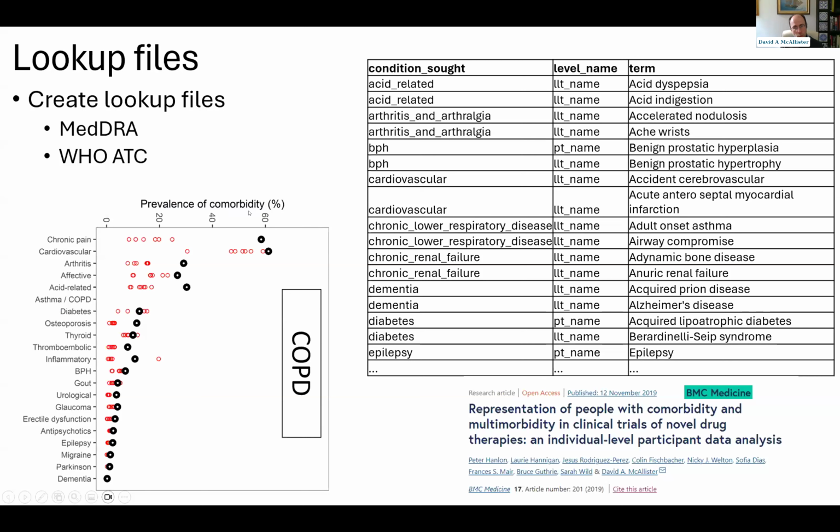Along this flipped y-axis is the proportion of people with a comorbidity, and along the x-axis are different comorbid diseases. The black dots are the community and the red dots are individual trials. So you can see the proportion of trial participants versus the proportion of people in the community that has each of these comorbid diseases.